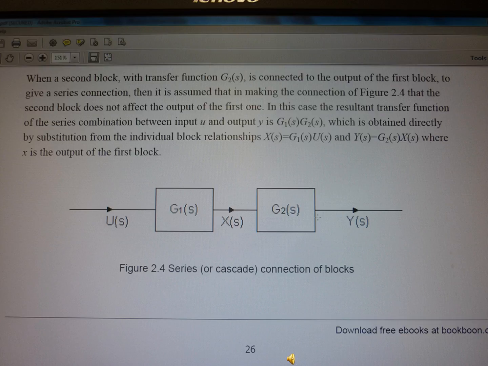The control function involves two transfer function blocks.